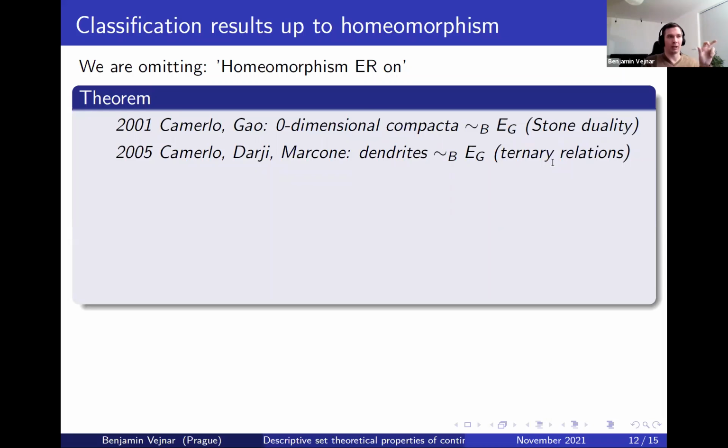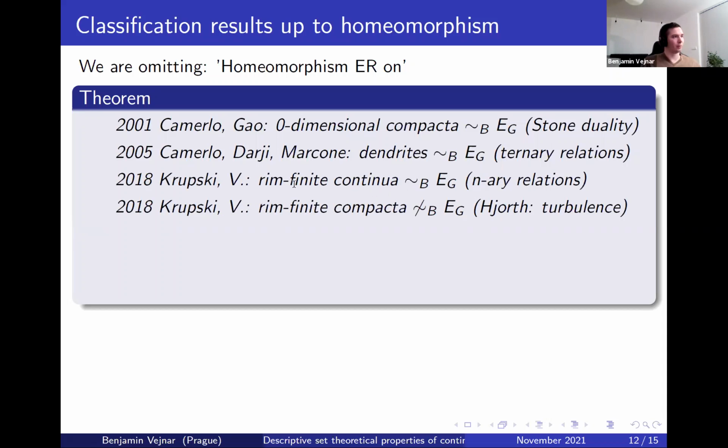And using this ternary relation, you can in fact encode all the information of a dendrite. This is everything you need. But of course, you need to somehow be able to catch a countable subset of a dendrite. This needs some technical details. And well, you need to prove that everything is Borel there. But this is usually technical work.